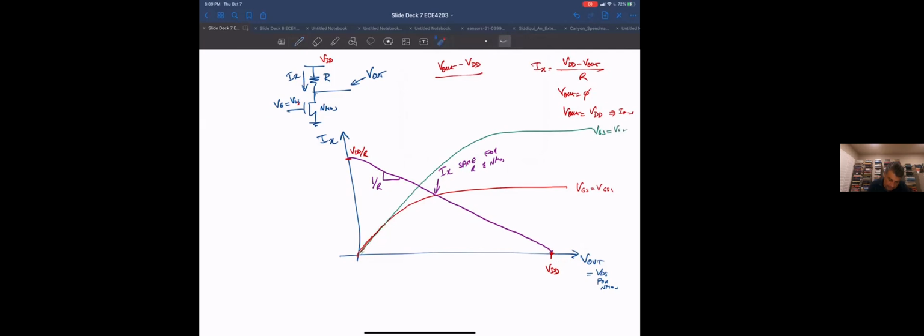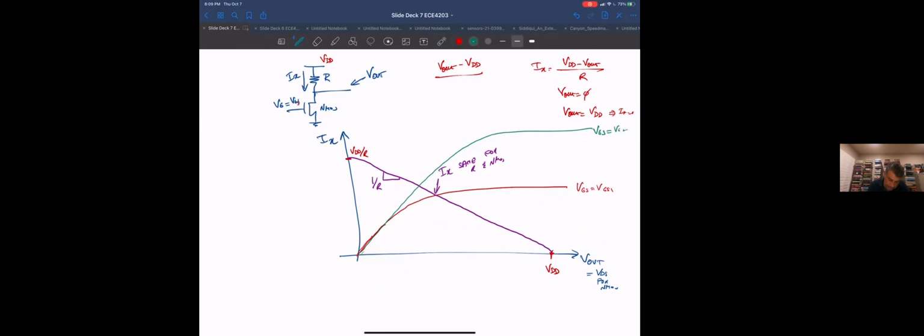Now the only intersection point between the resistor and VGS2 is this one. So that says VDS, my output, is dropping as my VGS goes up. The output is going from here to here.